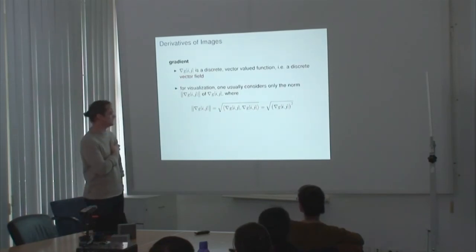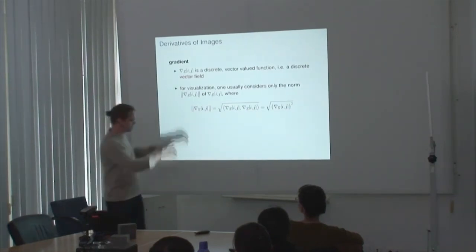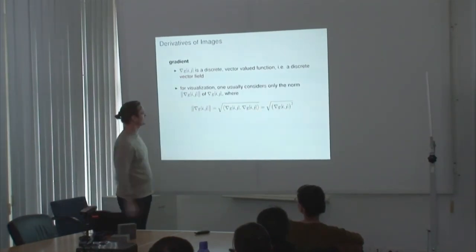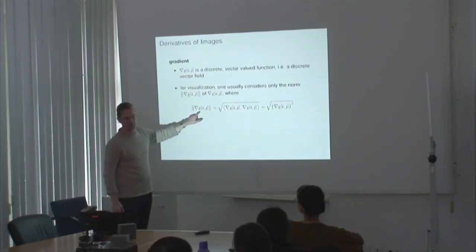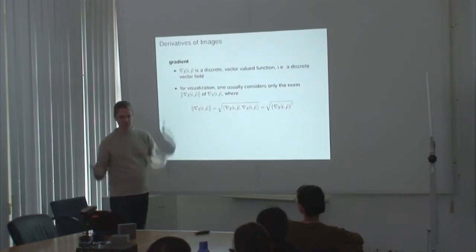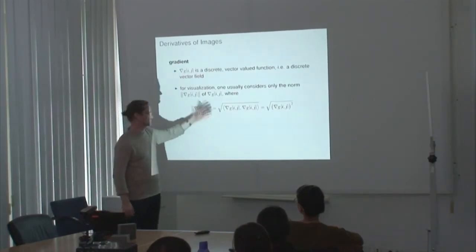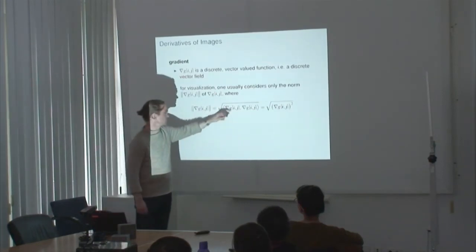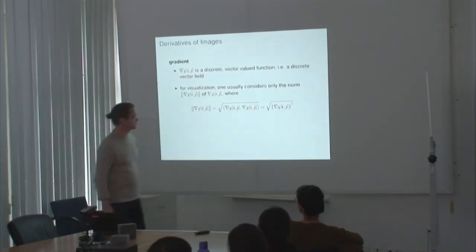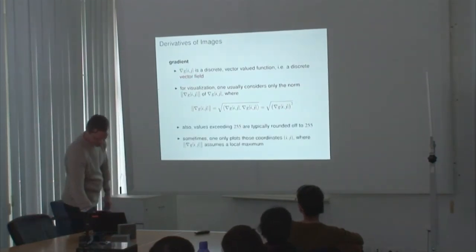Quite often, when we have computed the gradient of an image, we plot the norm of it. Again, the gradient of G is a vector, 2-dimensional in our case, because G has an x and a y direction. So if we compute the Euclidean norm, it is basically the inner product of this vector with itself, and then we have to take the square root, and we can also write it like this. Let's have a look at an example.